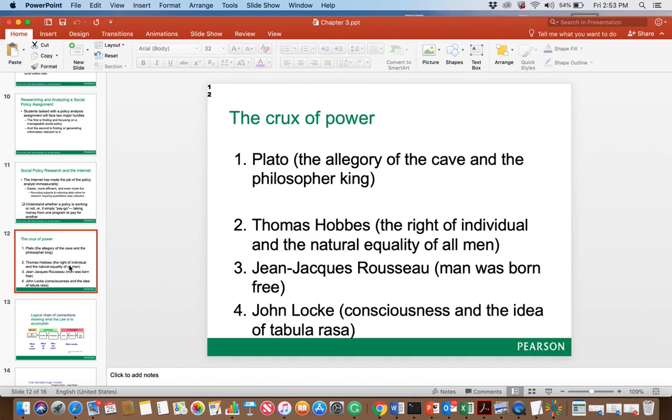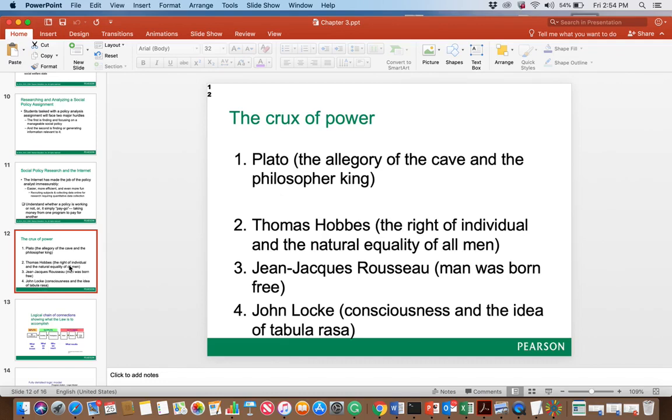I would like you to go and read Plato and the Allegory of the Cave, and how he explains these people who have spent all their time in the cave, and then they realize, what they are seeing, is it true or not? Until the philosopher king walks out of that cave and he sees that what they are seeing is only images. Read about that because it gives you understanding about the complexities of how public policy works.